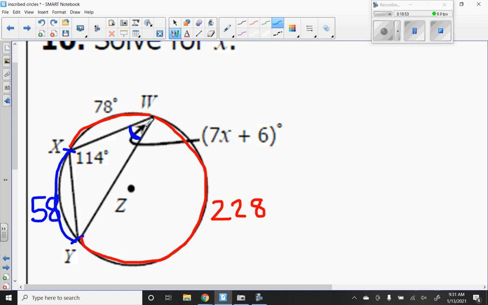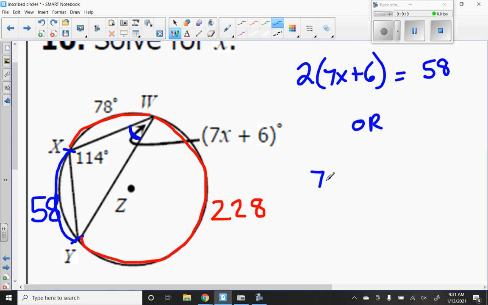So once again, these two things are not equal. You can double the angle and make it equal to its arc, or take the angle and make it equal to half of the arc. You have to double the angle or take half the arc.